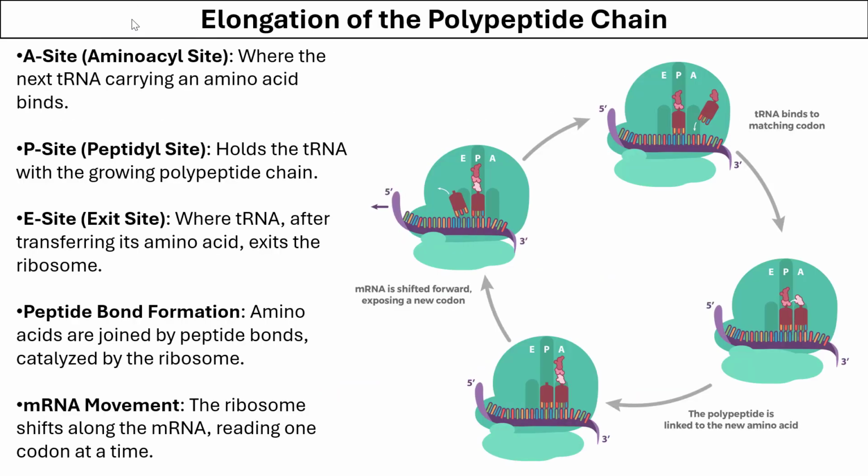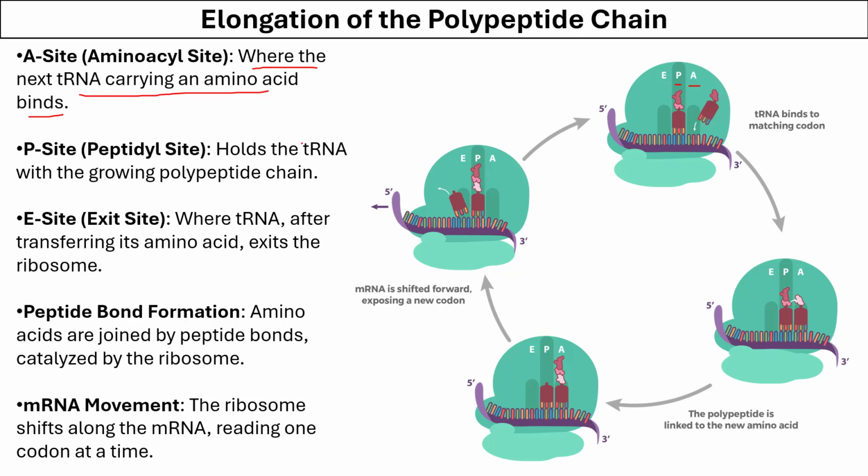Now let's look at the steps of elongation of the polypeptide chain. On your ribosome, you have two main sites, the A site and the P site. The A site is where the next tRNA comes and brings the amino acid.